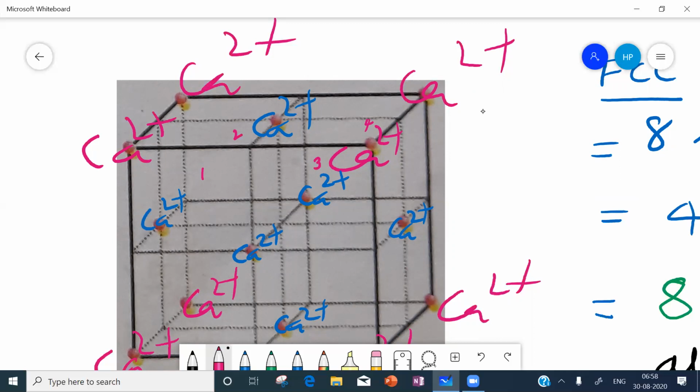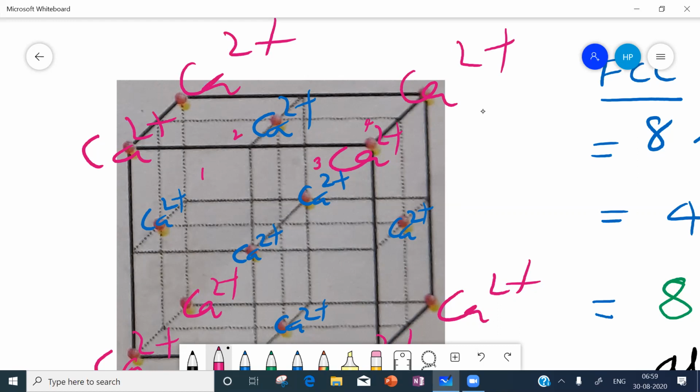In the same way, cubes continue in the lattice. Above this small cube, one cube will be there. So above these 4 small cubes, 4 small cubes will be there. So this calcium, present at the face center, is in contact with how many tetrahedral voids?